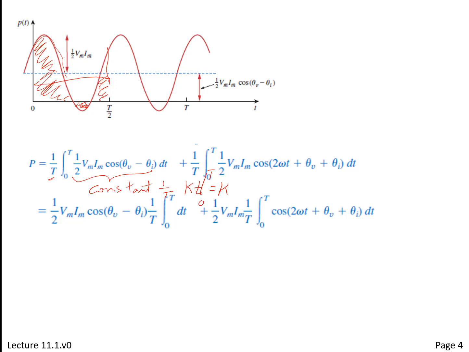And if we follow this through, we just get the constant portion. Okay, we only get the constant portion. That's all that's left. Why?